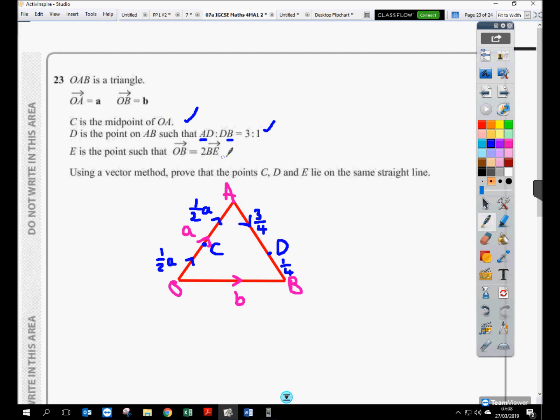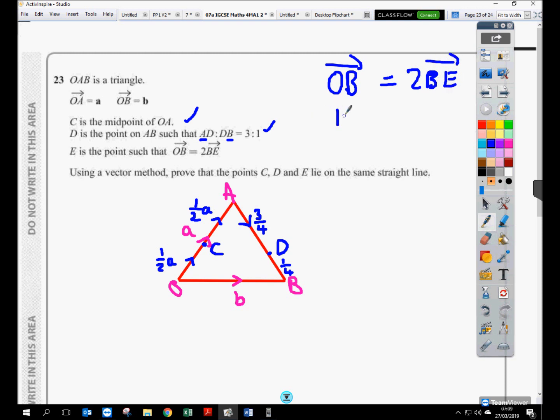So what you need to do with this one is think about which vector is longer. Is OB longer or is BE longer? OB. So if you imagine, I'll write it on this. Now you should really think about lengths here, but it's just to illustrate the point.